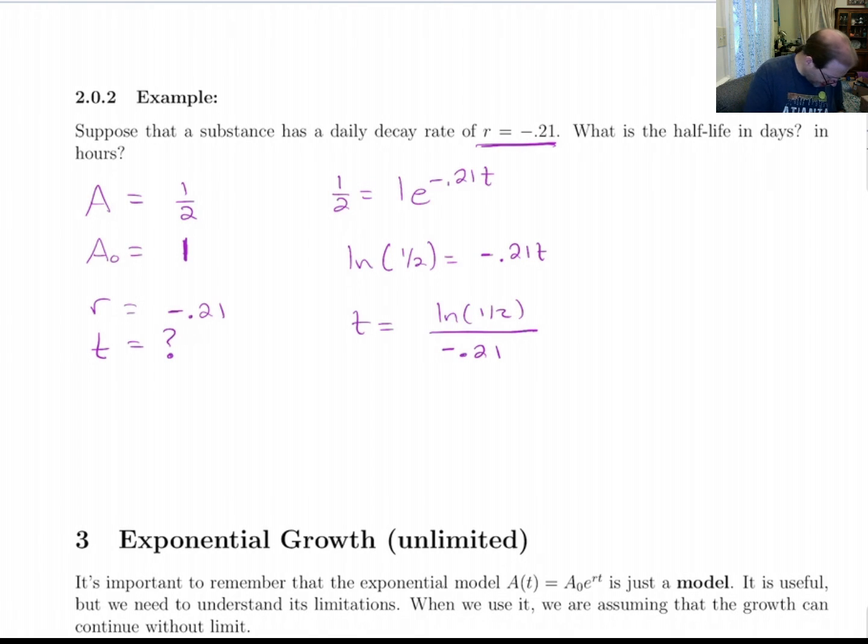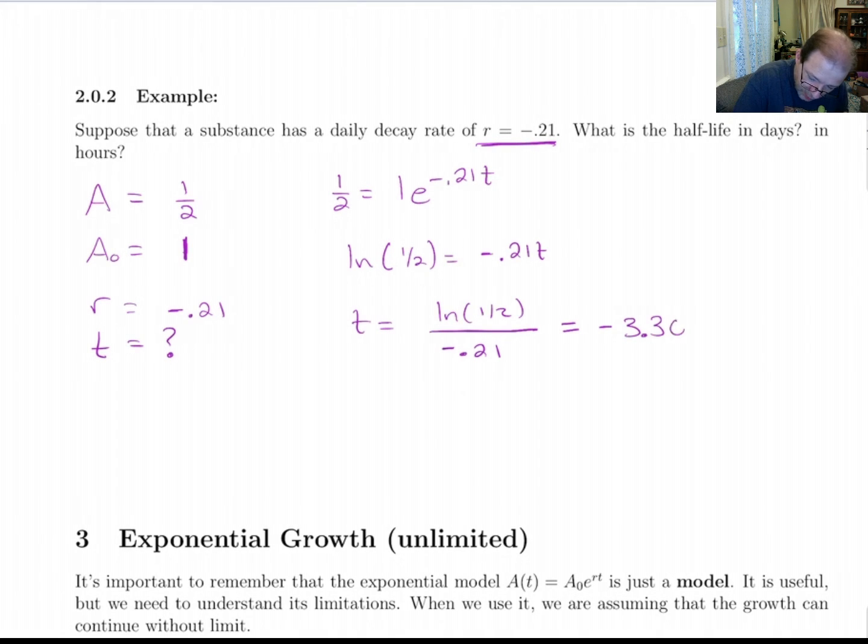So ln of a half over negative 0.21 is 3.3007. So that's my half-life in days.